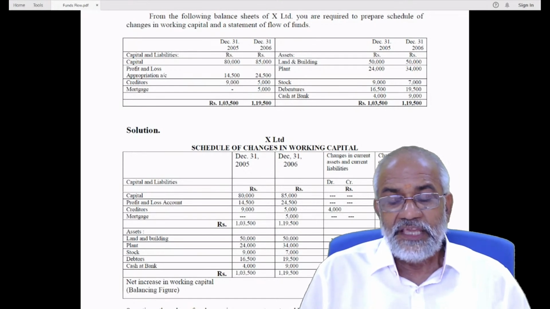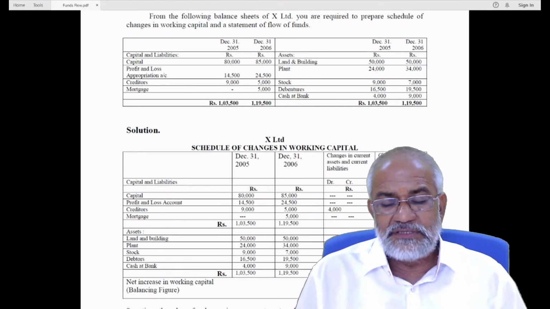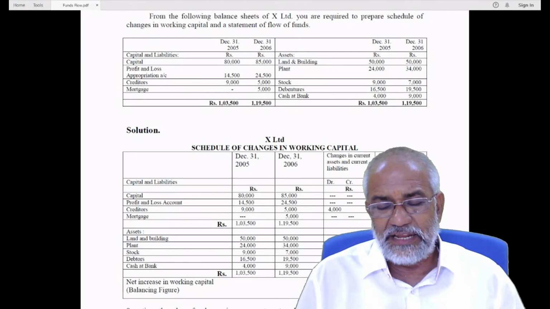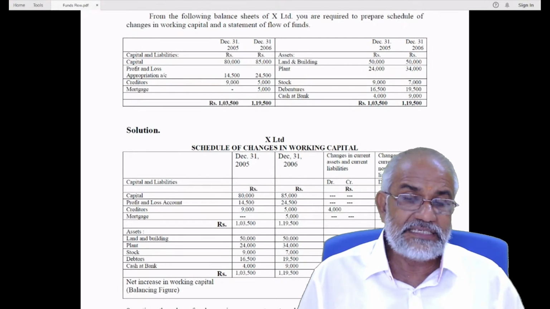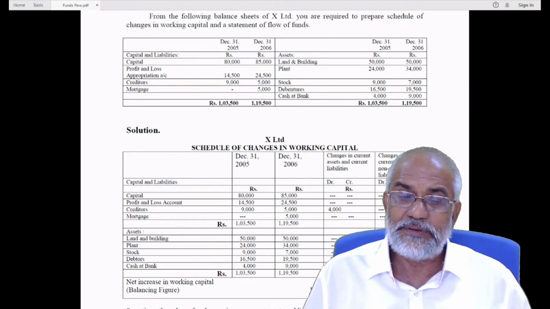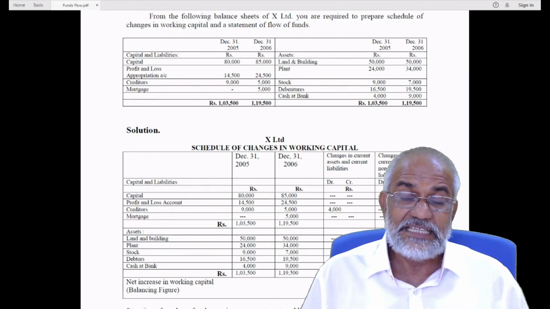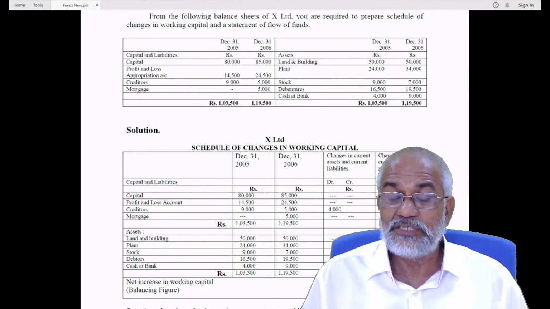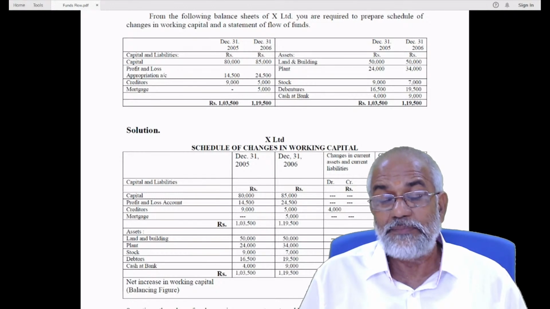First, by the addition of these two additional columns for changes in the non-current category, it will help us ensure the correctness of the preparation of the changes in working capital. And the second advantage is that it also facilitates the preparation of the funds flow statement, because the items appearing in the credit column of the non-current category, I am reiterating, are all sources, and the items appearing in the debit column of the non-current category are all applications.